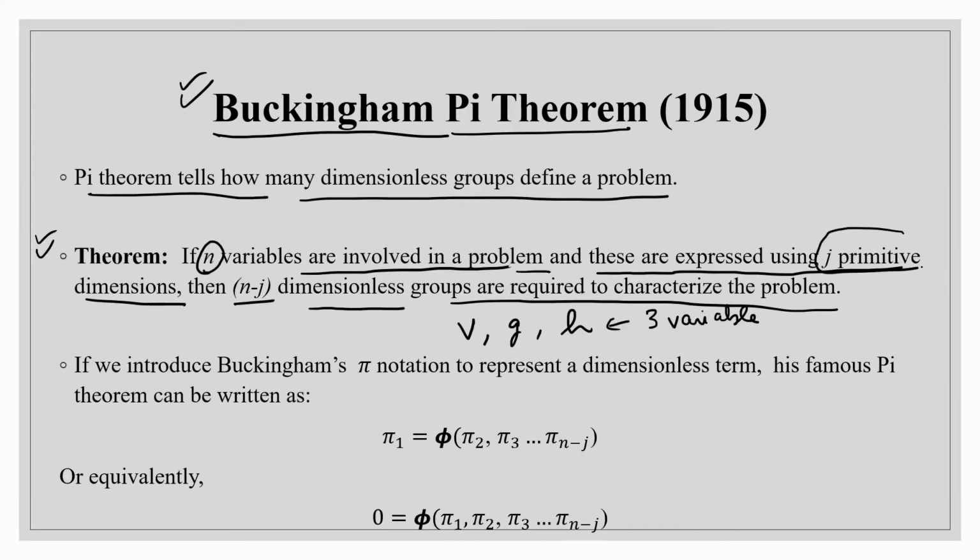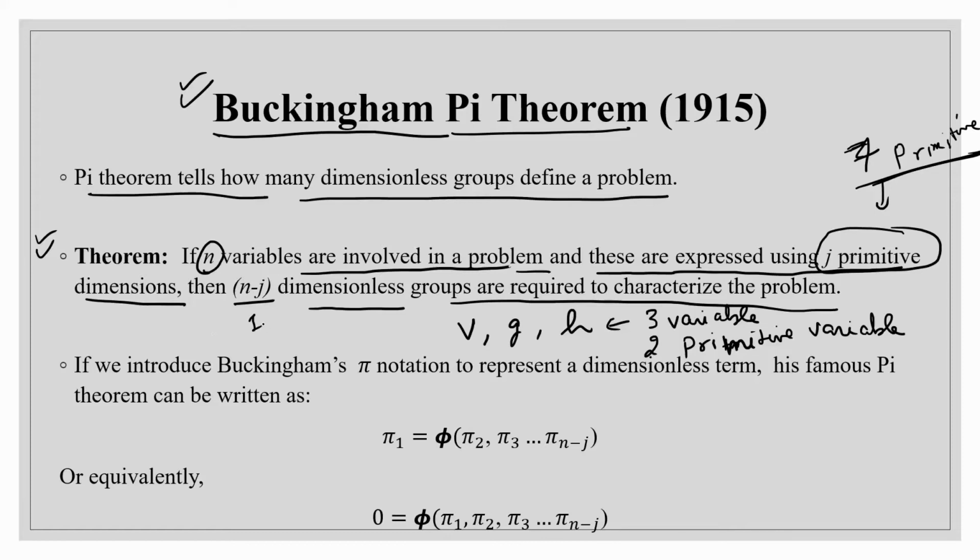I have already told you in lecture 2 that there are seven primitive dimensions, so we have to see how many primitive dimensions these variables have. In this example, we have two primitive dimensions, L and T. So there is only n minus j, that is 3 minus 2, that is one dimensionless group required to characterize the problem.